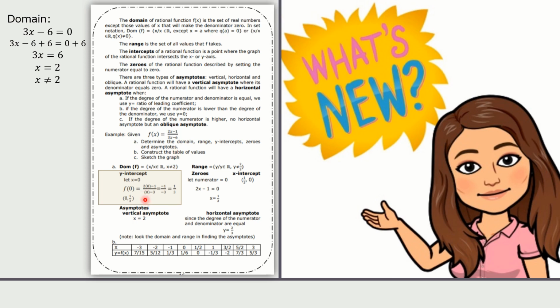Oh, let me have the correction. This is supposed to be 3 times 0 minus 6. So our y-intercept is negative 1 over 6. This should be 0, negative 1 over 6. My mistake.